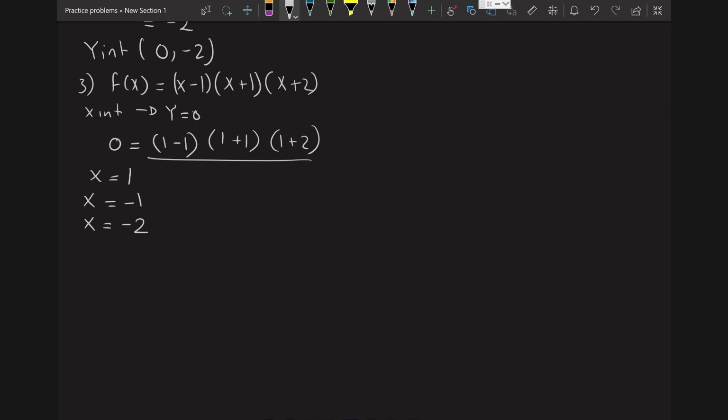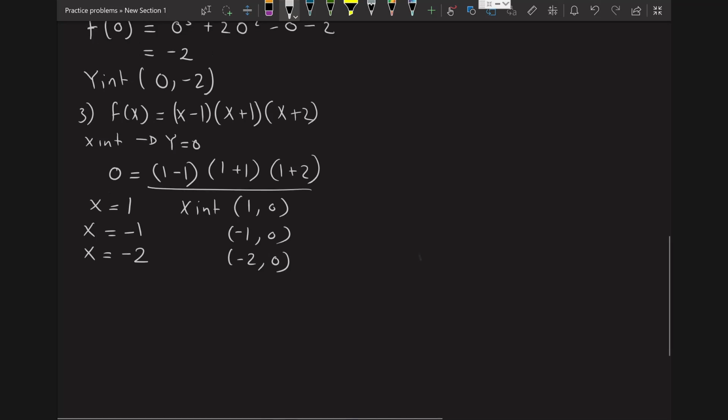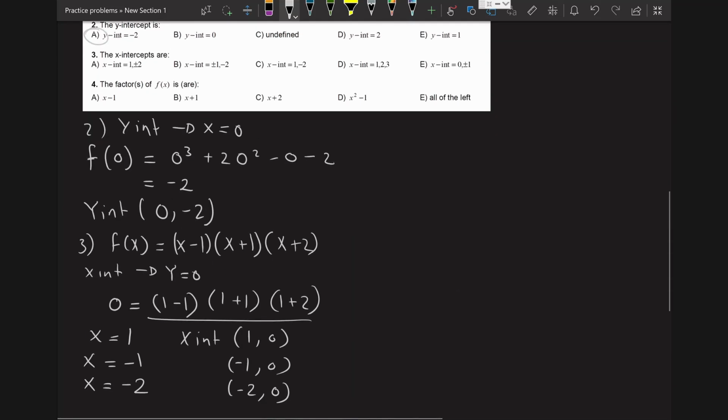Those are the x-intercepts, and more properly, it would be 1 and 0, negative 1 and 0, and negative 2 and 0. And that answer would be plus or minus 1 and negative 2, so that's B. Now, as for the factors of f of x, let's solve question 4 here.